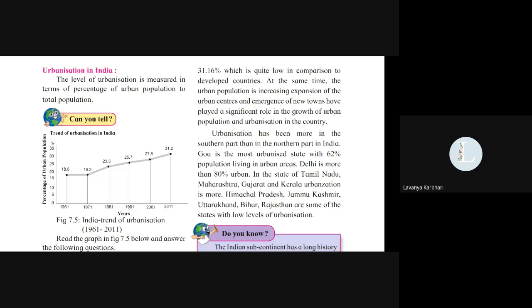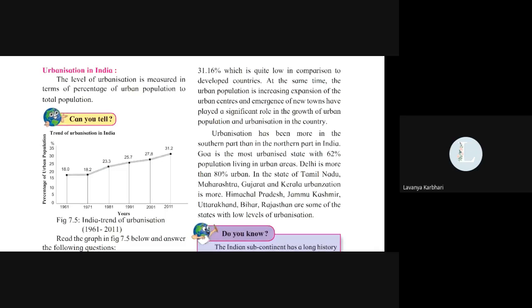At the same time, the urban population is increasing. Expansion of the urban centers and emergence of new towns have played a significant role in the growth of urban population and urbanization in the country. The urban centers means the city; the people living in the city are increasing their centers.